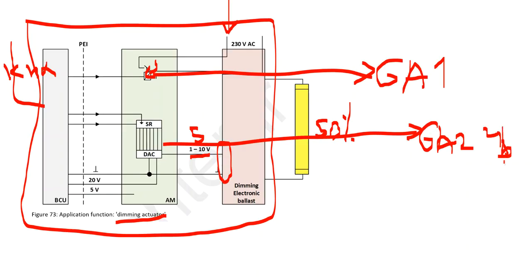Let me show you 4-bit. It's called relative dimming. It means it is increased step by step or decreased relatively, and it can be 1 byte. It is called absolute dimming. Absolute dimming means you can, for example, tell the light to go to 50%, 10%. It is not relative.